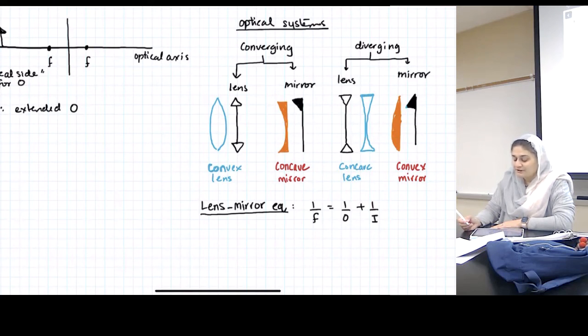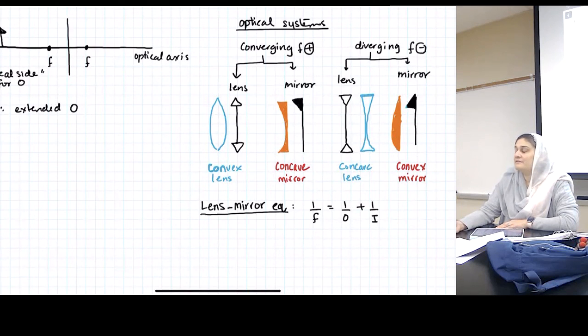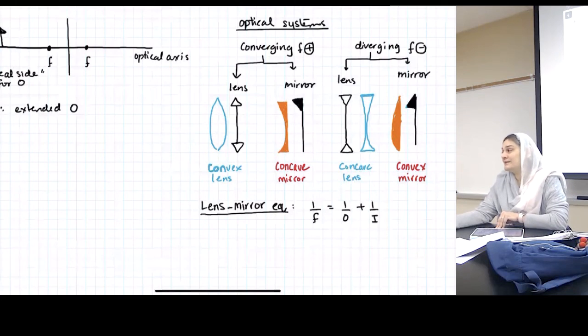For the converging case, the focal lengths will all be positive. For the diverging case, the focal lengths will all be negative. So when you use these in your equations, you use plus or minus depending on whether you have a converging case or a diverging case.